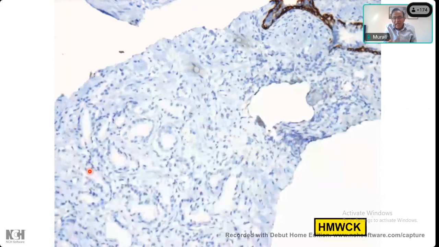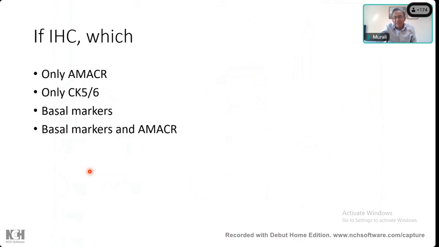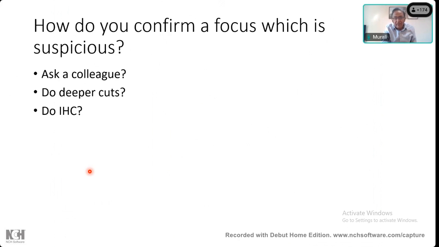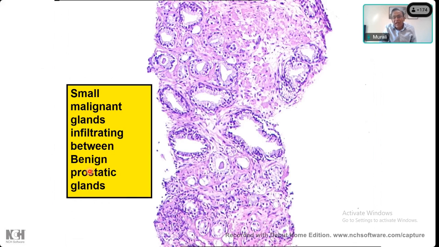So you look at those glands and you don't just think, is this prostate cancer? And I'm going to do basal markers and racemase. You think, if it's not prostate cancer, what is it? What's your differential? So if your differential is between PIN and cancer, AMACR is a waste of time, because almost every case of PIN will be positive for AMACR.